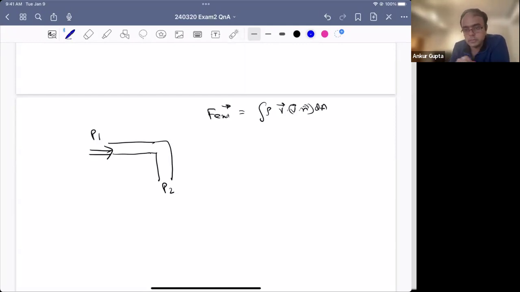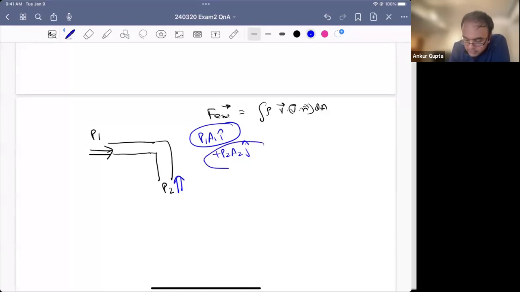This is just to show you that it can impact both directions. In this case, P2 will again push. It always pushes. So this will be P1 A1 i hat plus P2 A2 j hat. Makes sense? So this will enter the X direction balance, and this will enter the Y direction balance, and this is the sign.